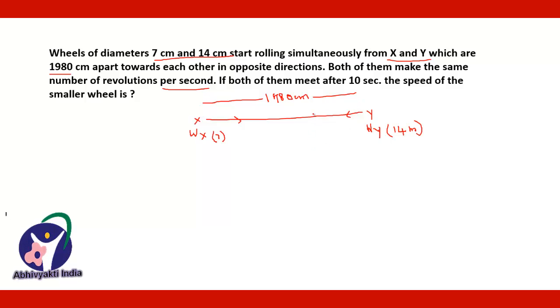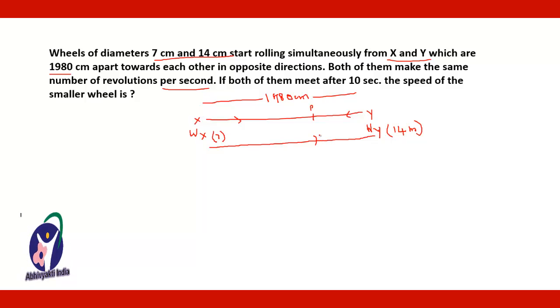Suppose after 10 seconds they meet at this point and the point is P. It means the distance covered by WX wheel to point P and the distance covered by Y wheel up to P, the sum of these two distances should be equal to 1980.